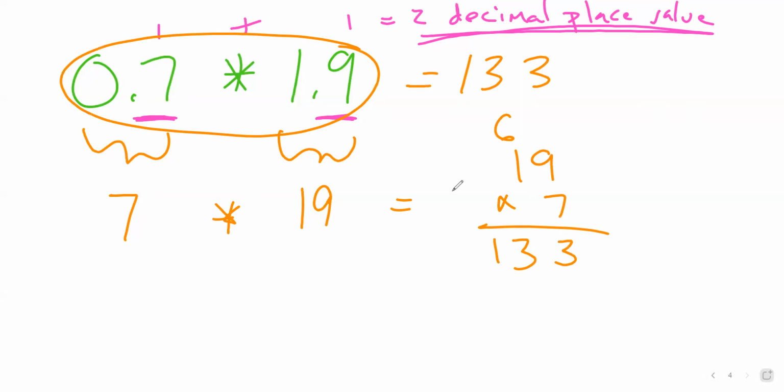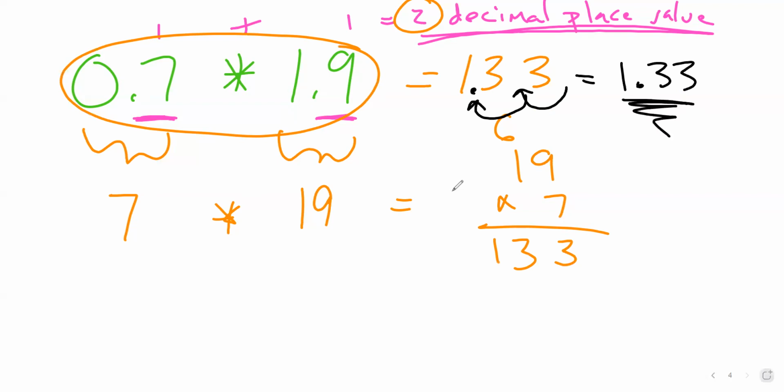And because of what I had, I should have 2 place values in here. So I'm going to go down here and think 1, 2 spots, which means my answer is 1 and 33 hundredths. Sorry. So that is what we have in this case. When I have a decimal and a decimal and I'm not sure what to do, I can just start to count place values.